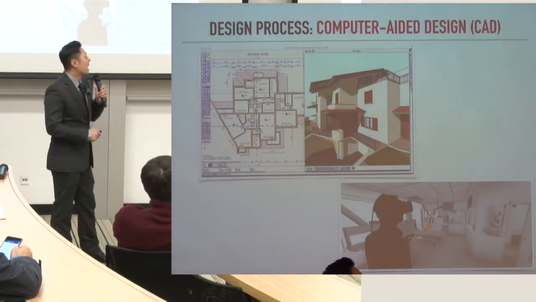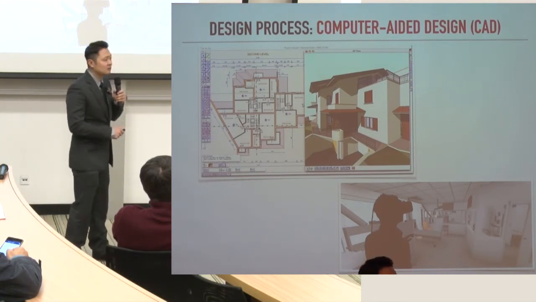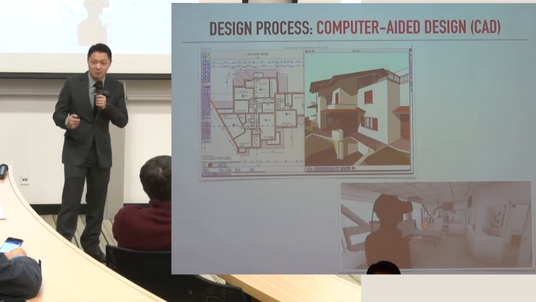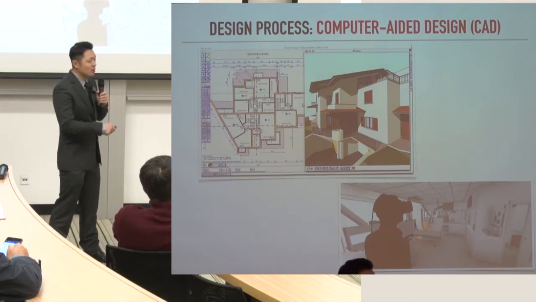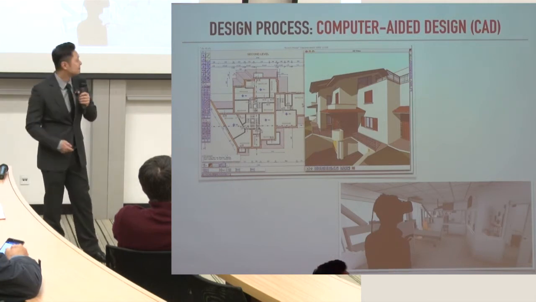For example, now the architect can use CAD software to design his architecture project with accurate scale in the computer. So compared with handcrafting, of course, it's much more precise and efficient. And you can generate good previews for evaluation before the actual deployment.